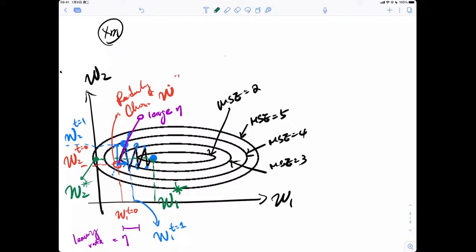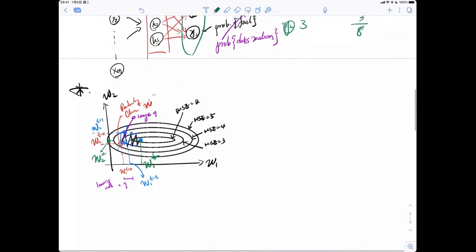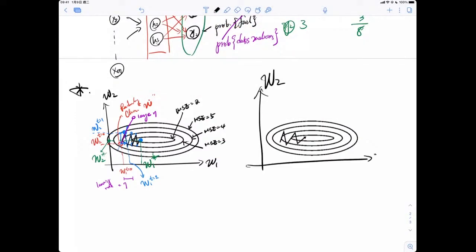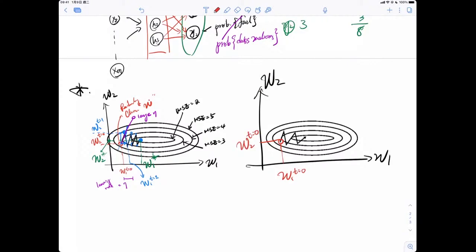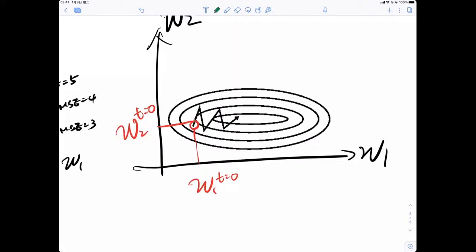However, take a look at the other figure right here. For example, W1, and we randomly choose W1. Momentum means when we go this way, that is the first direction we would like to go, right? And the second direction is right here.